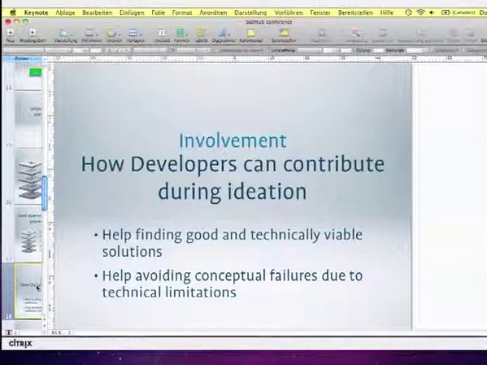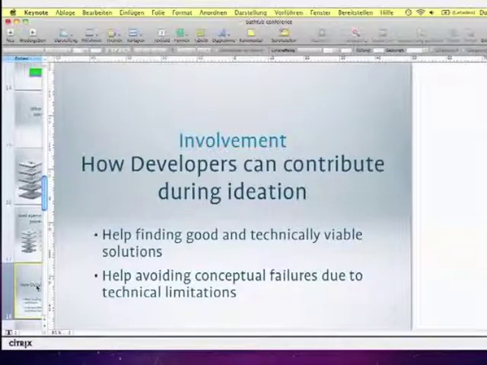Designers and people that come up with concepts sometimes don't have the know-how to find solutions that are actually technically doable, and a lot of harm can be prevented if these issues are brought up during design.